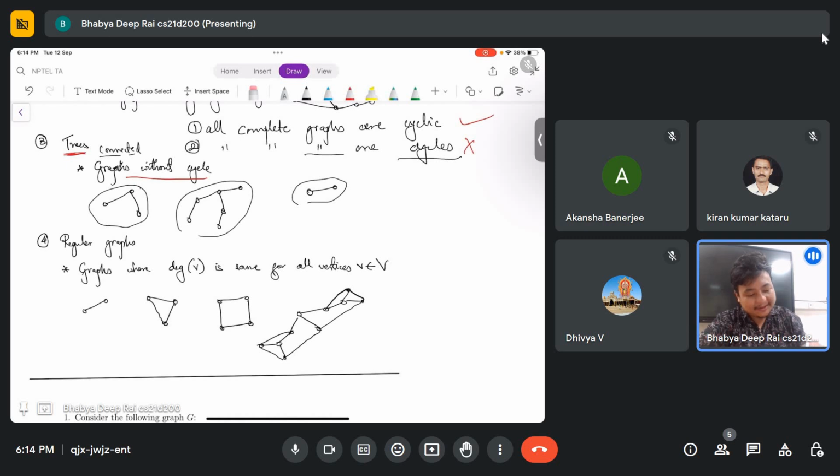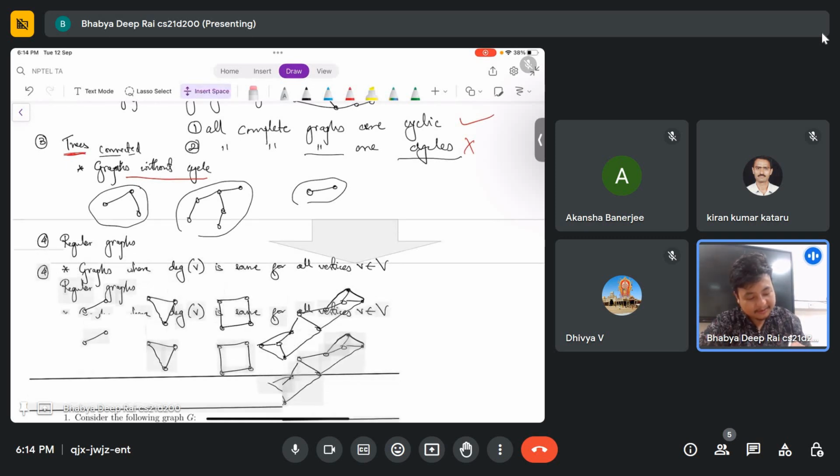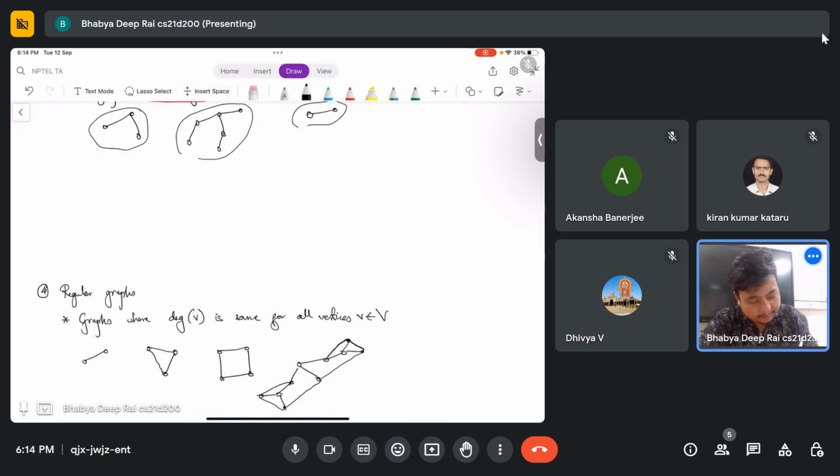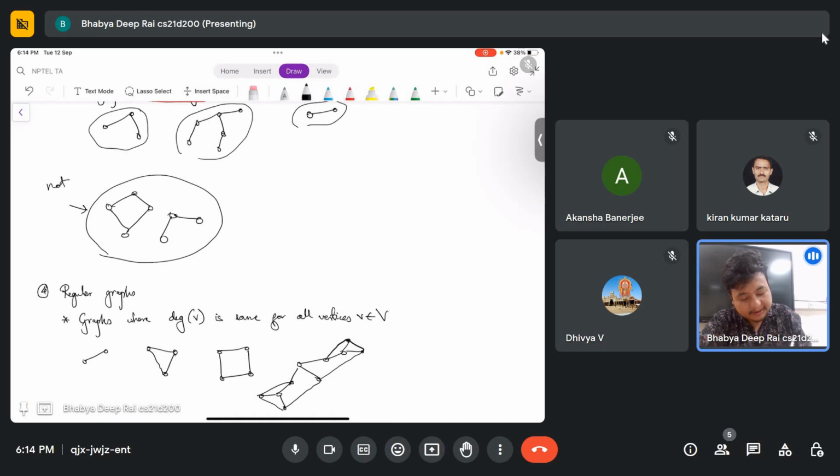Now what I mean by connected here is very important. I think it is done in the lectures, but I'll just mention it once. I'll give an example. This is a graph which is not connected.